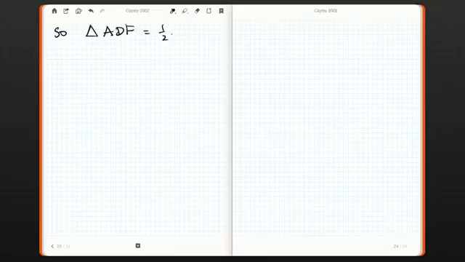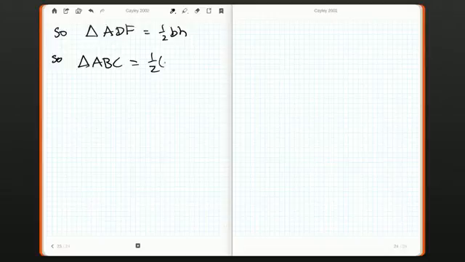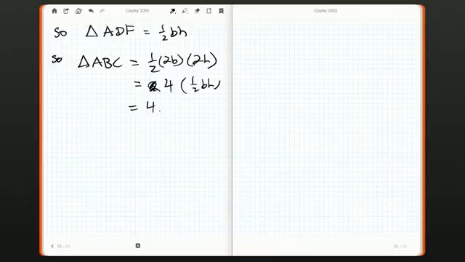Now the area of triangle ADF is 1/2 base times height. So the area of triangle ABC is 1/2 twice base, twice height. And that's going to be 4 times 1/2 BH. Just 4 times triangle ADF.